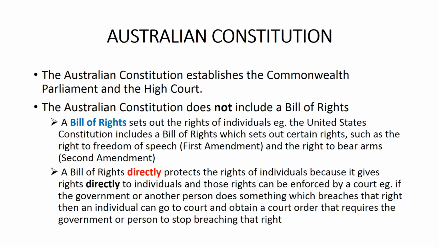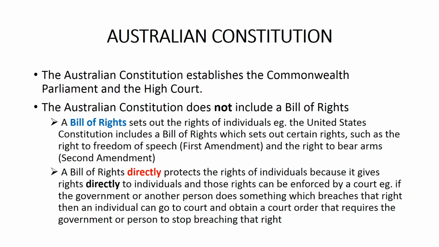A Bill of Rights is a document that sets out the rights of individuals. For instance, the United States Constitution includes a Bill of Rights, which sets out certain rights that people in the United States are entitled to. These rights include the right to freedom of speech under the First Amendment and the right to bear arms, that is, to carry weapons or guns, under the Second Amendment.